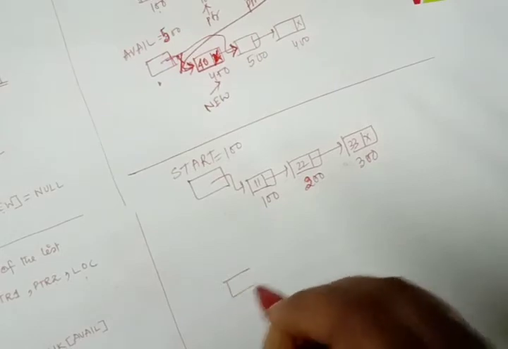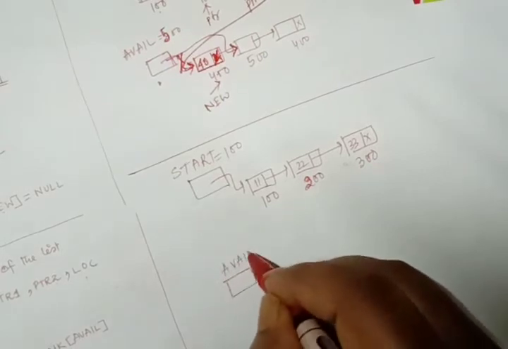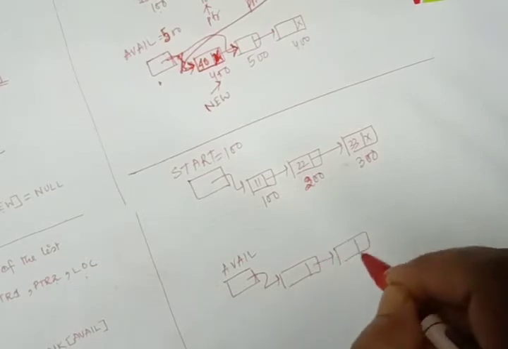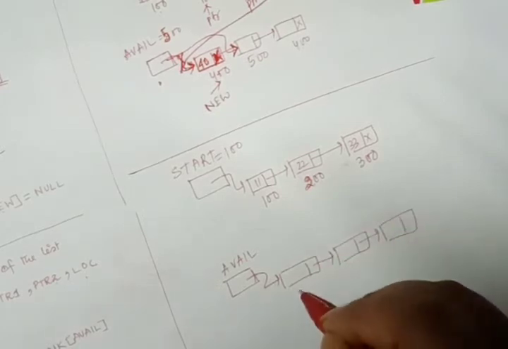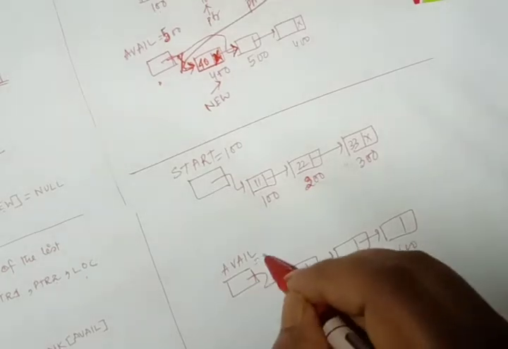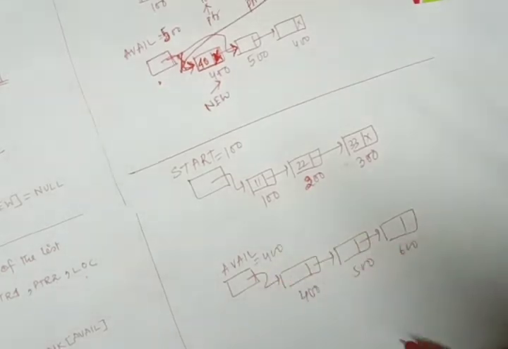Now this is the avail list, the avail list 400, 500, 600, and the value of avail is 400.